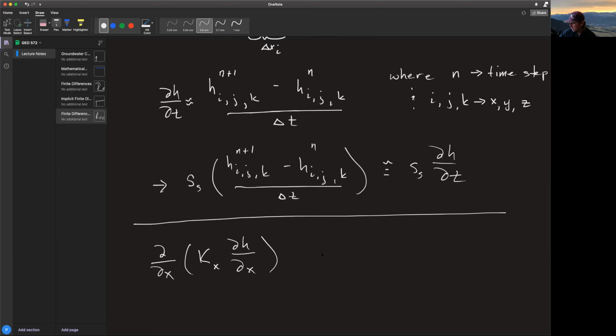Let's remember that we can think of this as the finite difference operator dx of the finite difference operator of h.